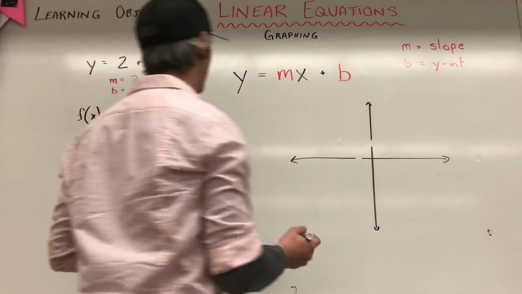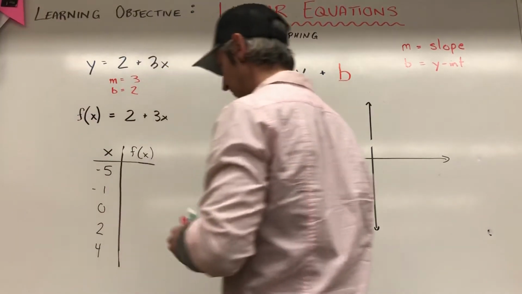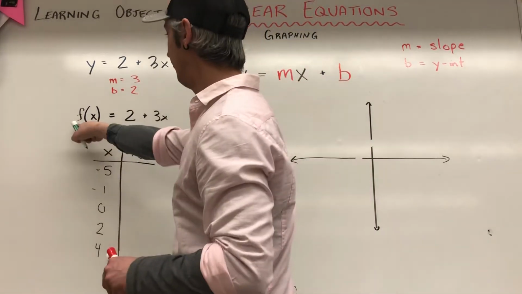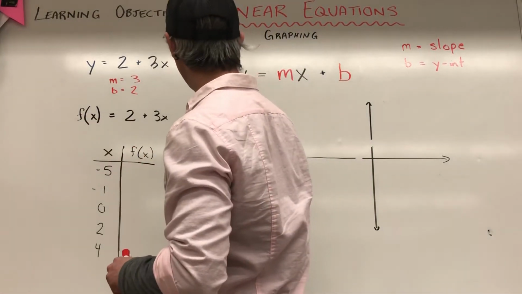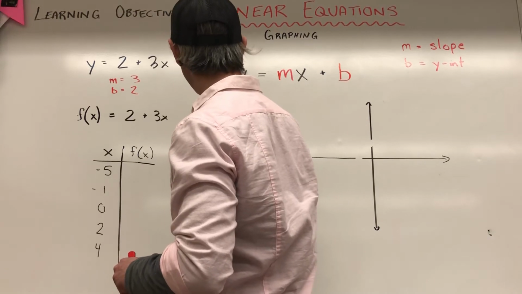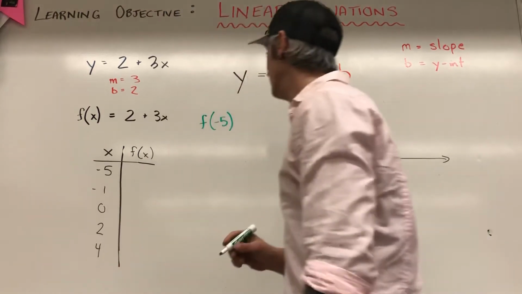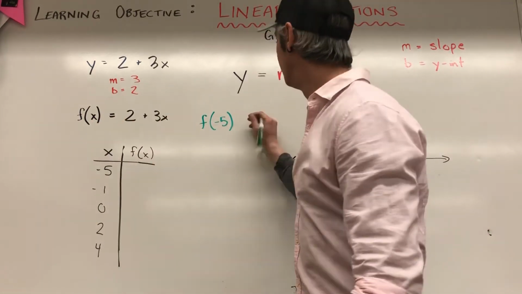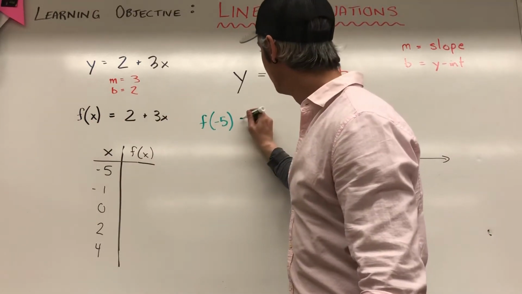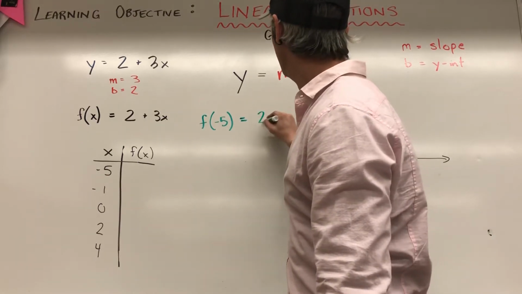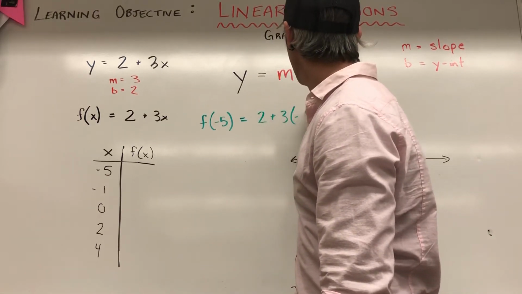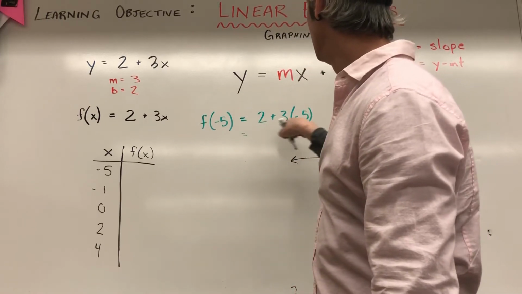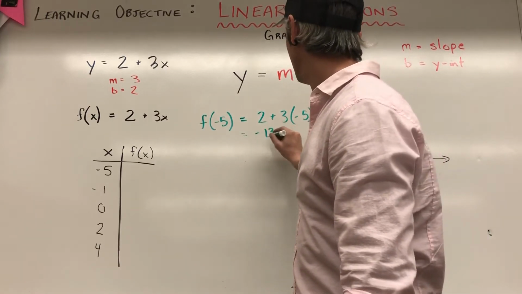I'm going to use a different color so we know. So let's figure out what my output is when my input's -5. So I say my function output with input of -5, and now every time I see an x, I'm going to replace it with -5. So f of -5 is 2 plus 3 times -5. 3 times -5 is -15, plus 2 is -13.